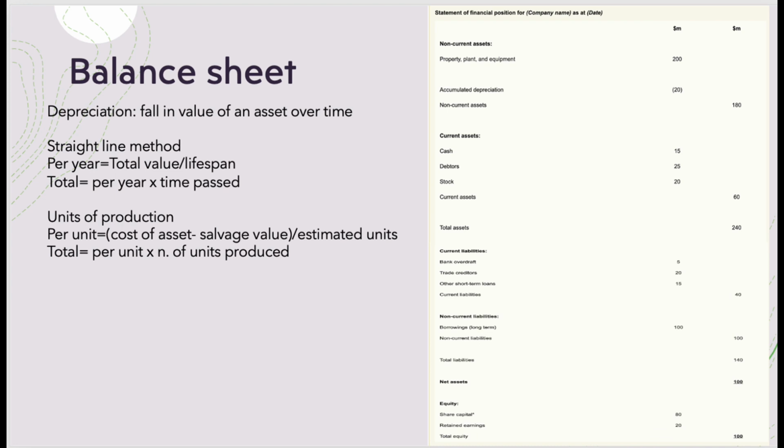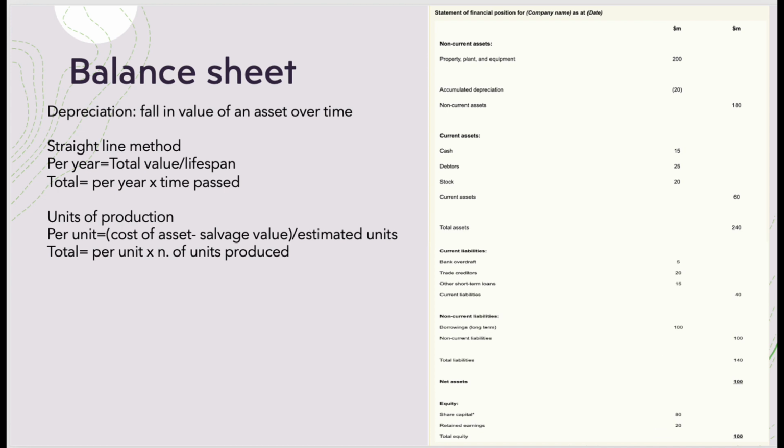That shows you the amount the actual machinery depreciates per unit. And then furthermore, you can just times that by the amount of units produced, and you will essentially get your depreciation value.